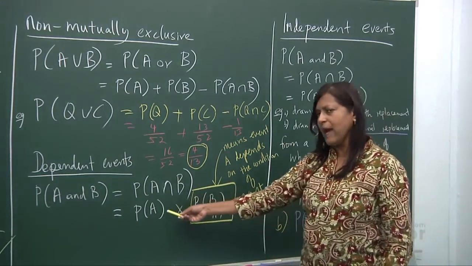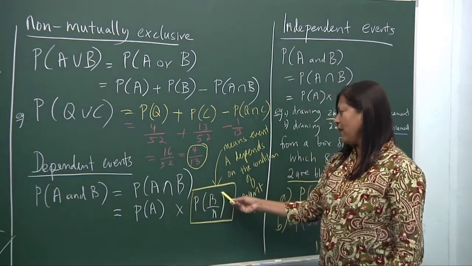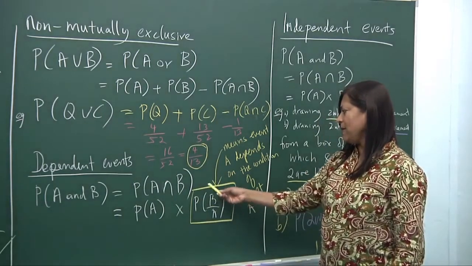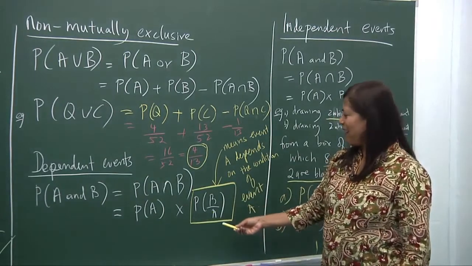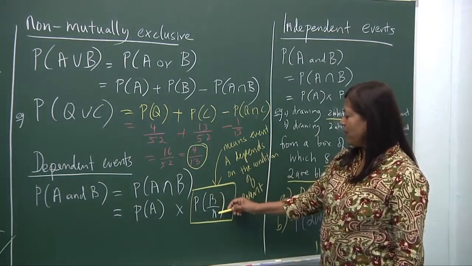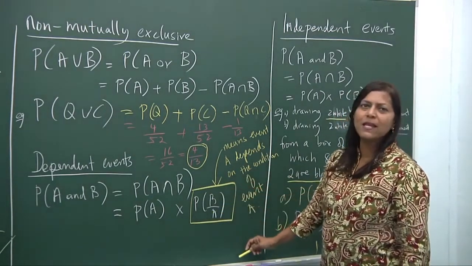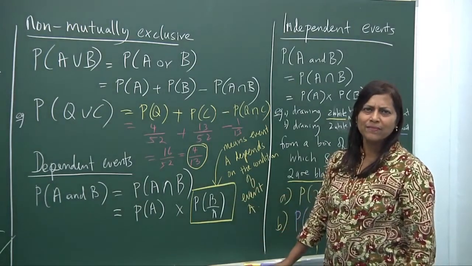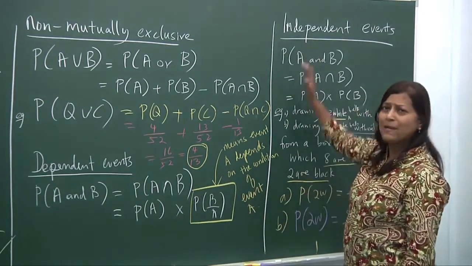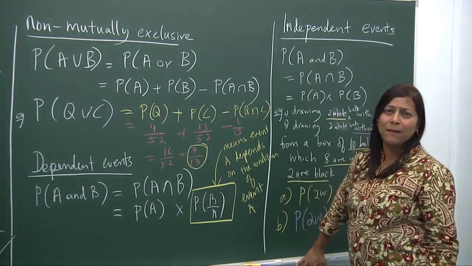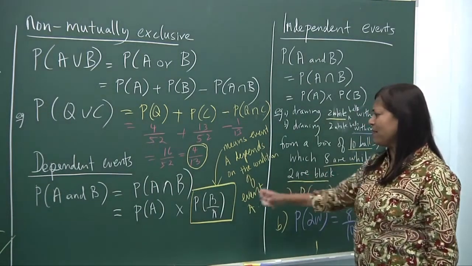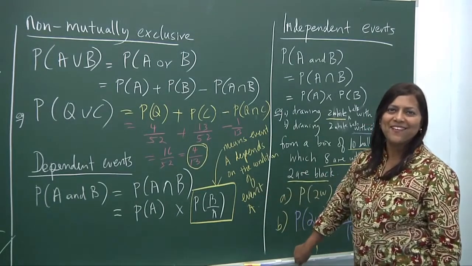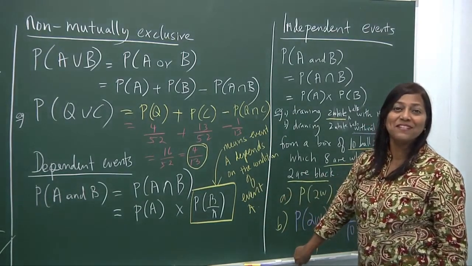The probability of A happening and then the probability of the second event happening depends on the condition of A. So this means probability of B over A. Now you can see there's a very fine line. Actually, with independent there should be no replacement, but when I put the replacement, it becomes dependent. All right?